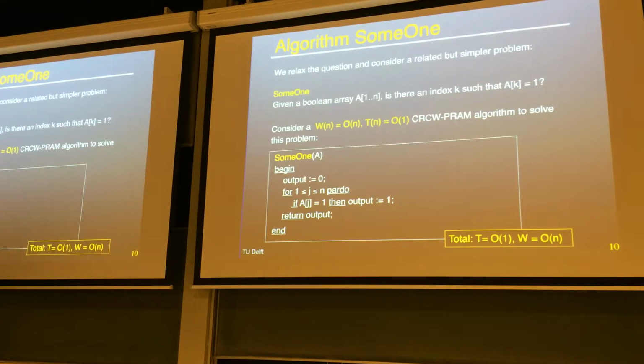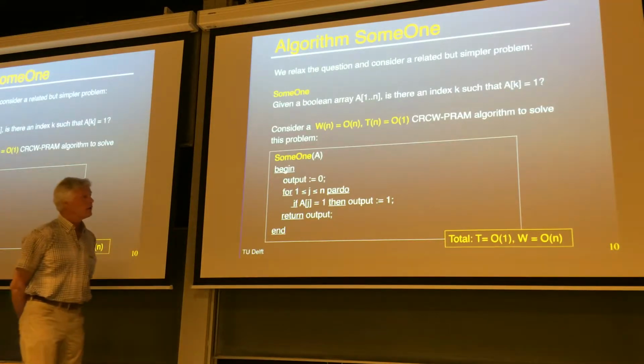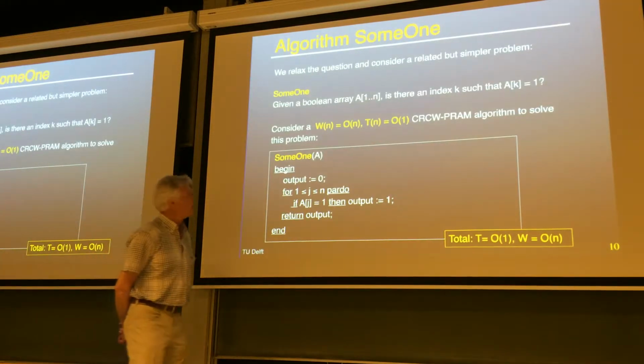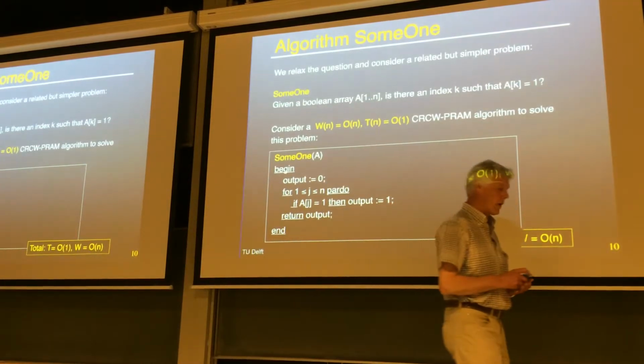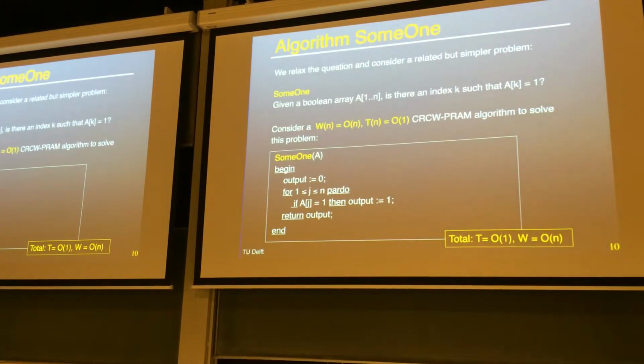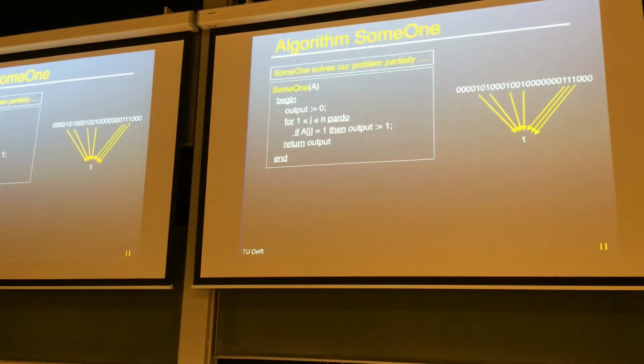How could you now use sum1 in order to apply first one in a less costly way? Well, the idea is as follows. This sum1 solves your problem partially. You know that there exists a 1, sum1 returns 1 for this array, but you don't know where.